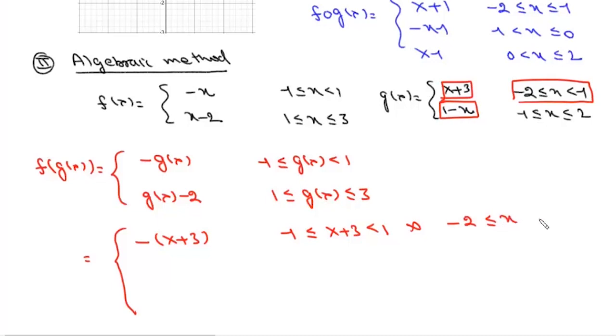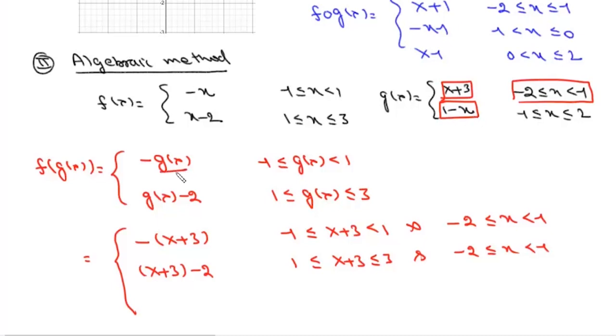So it will be minus x minus 3. Now we'll put this x plus 3 in the second definition. So it will be x plus 3 minus 2, and then x plus 3 less than or equal to 3, and again where x lies between -2 and -1.